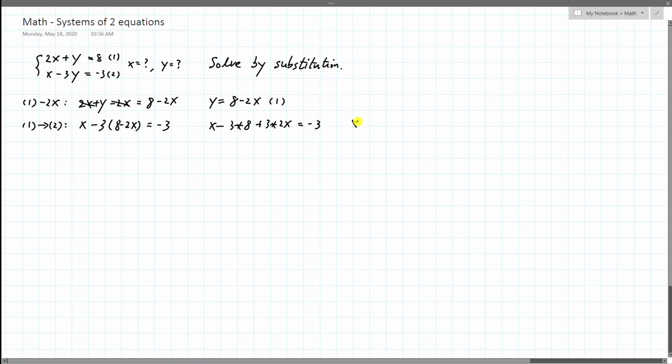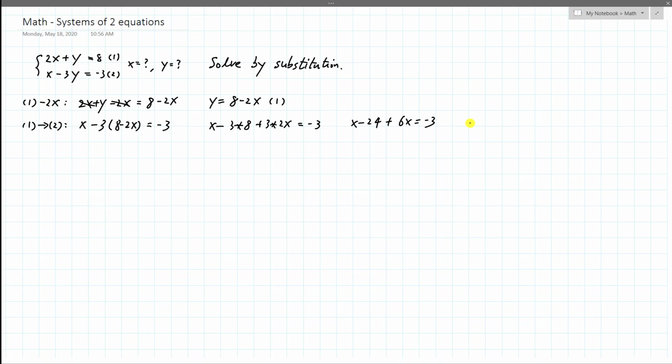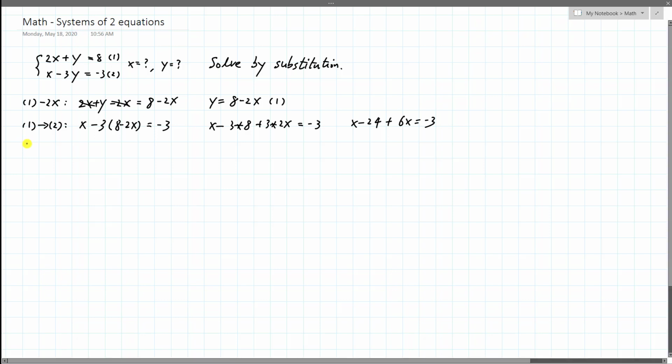We have x minus 24 plus 6x equals minus 3. So now what I can do with this equation is add 24 on both sides, so the left side will be only x's and the right side will be only numbers. So let's do that. I'll say equation 1 plus 24 on both sides.